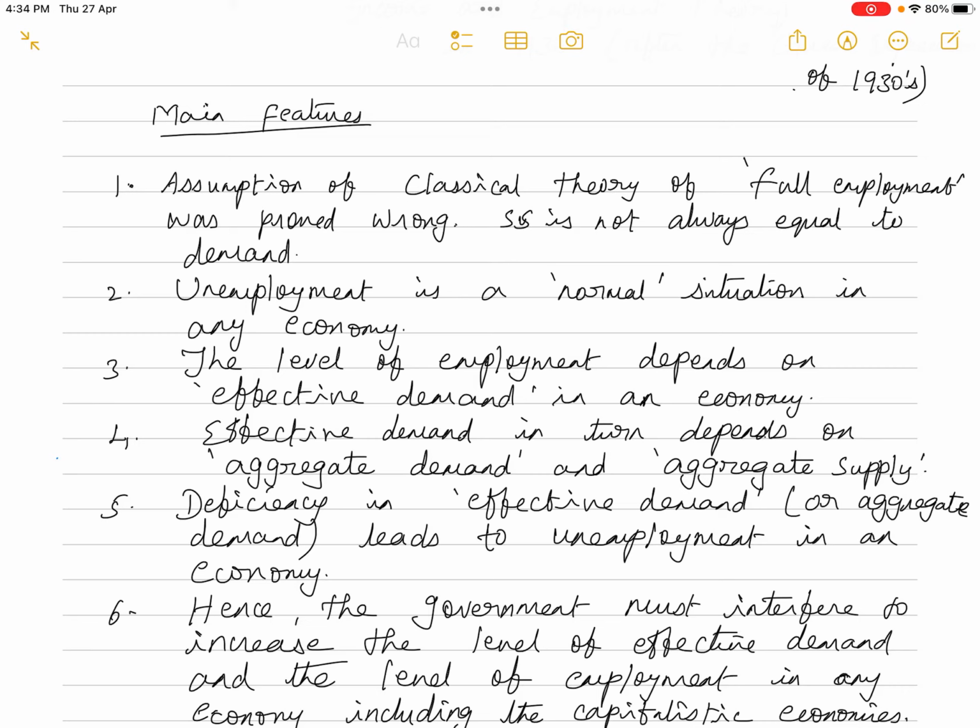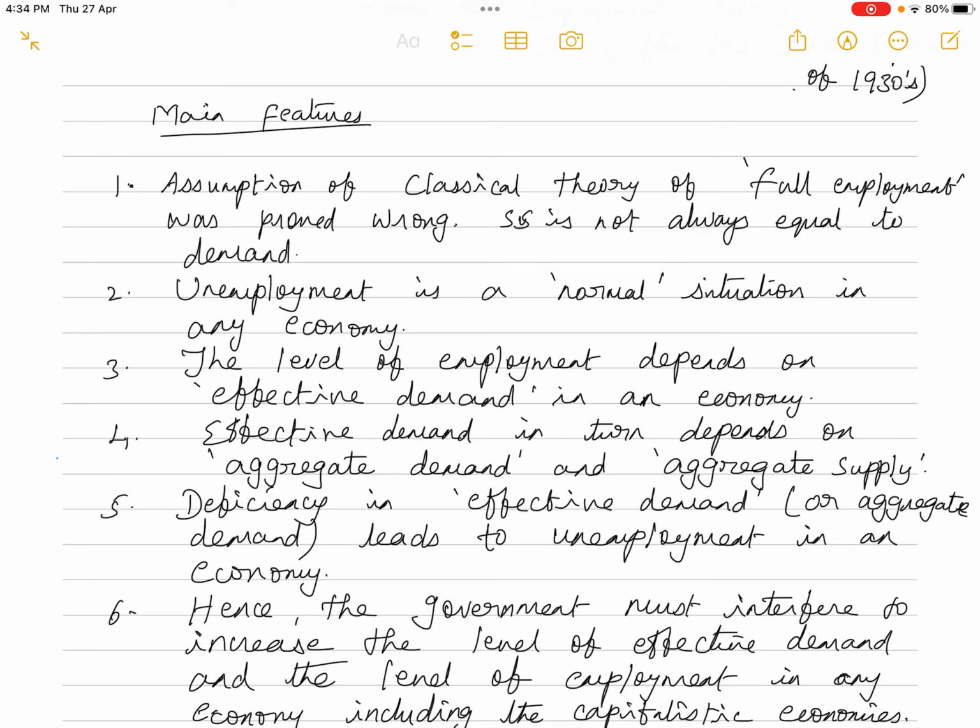Okay, now what causes the unemployment then? Fifth point: deficiency in effective demand or aggregate demand. I will explain later why I have mentioned effective or aggregate demand. So deficiency in effective demand leads to unemployment in any economy. If the country wants to increase the level of employment, what must the country do?